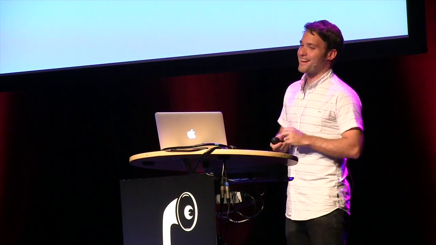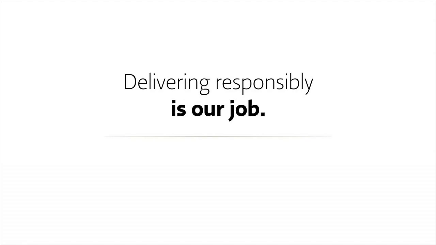So, I covered a lot today in relatively short time. I'll give you a quick recap. To deliver responsibly requires a lot of preparation and forethought, right? So we need to be liberal in the input in what we accept from user interaction, and really conservative in the features that we apply.